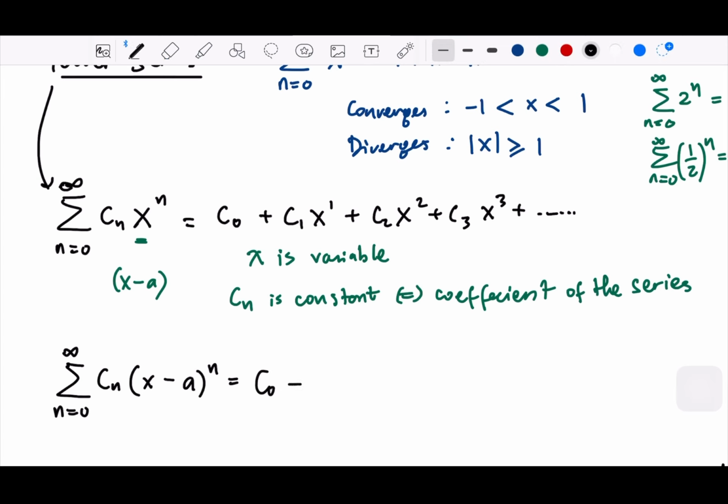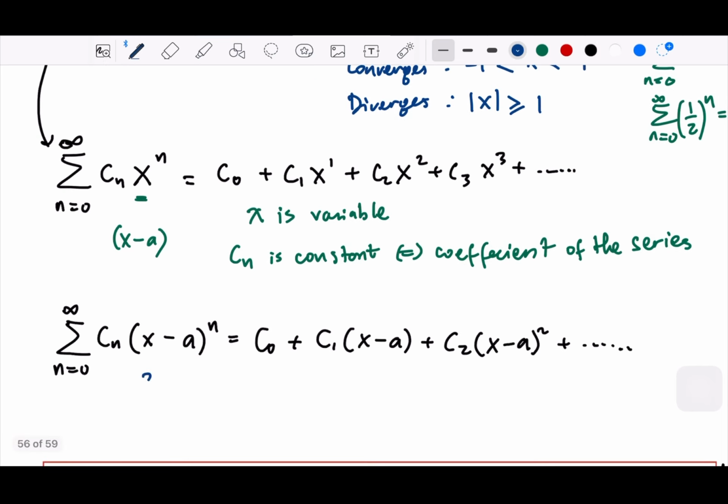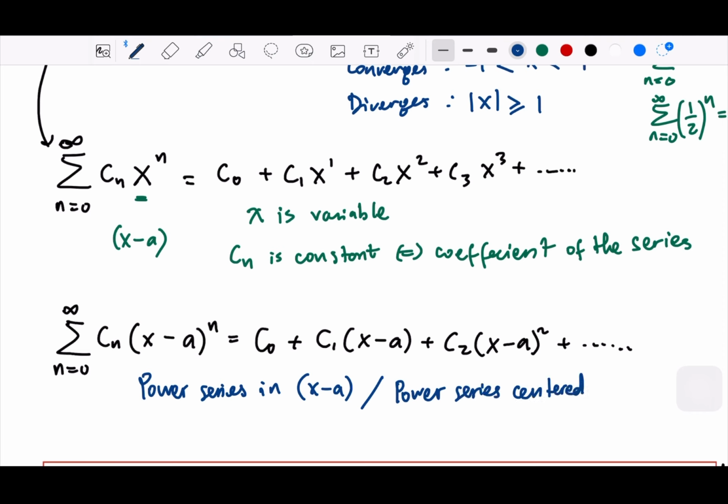So this is c0 plus c1 x minus a plus c2 x minus a squared plus dot, dot, dot. This is what we call the power series in x minus a, or power series centered at a, or power series about a.